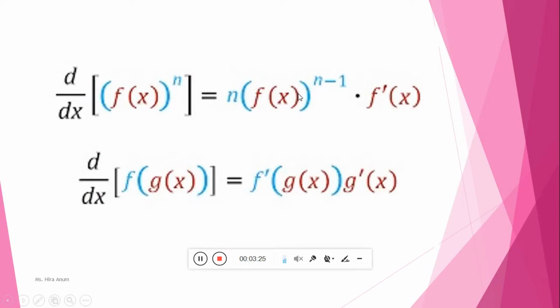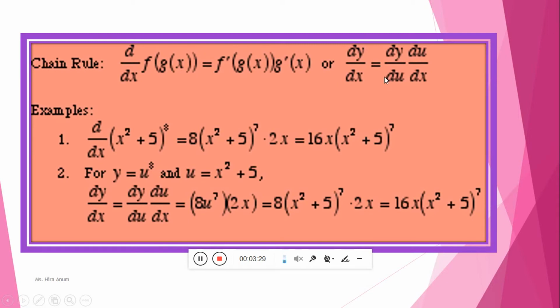Then we take the derivative of x^2 + 5, which is 2x, since the constant is 0. Then we multiply: 2 times 8 is 16x (x^2 + 5)^7.